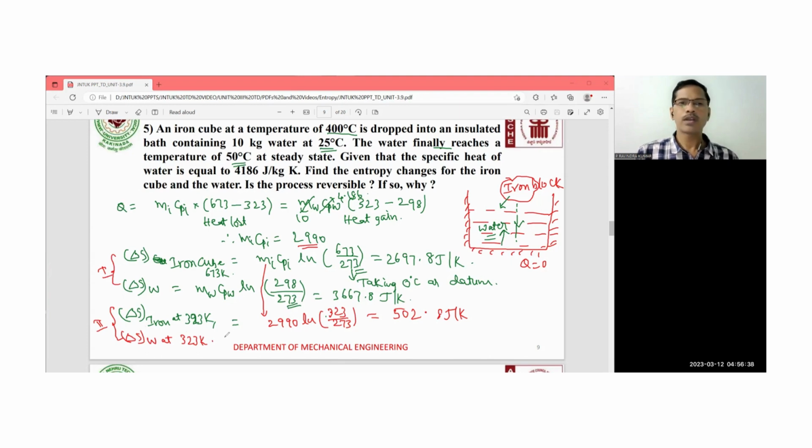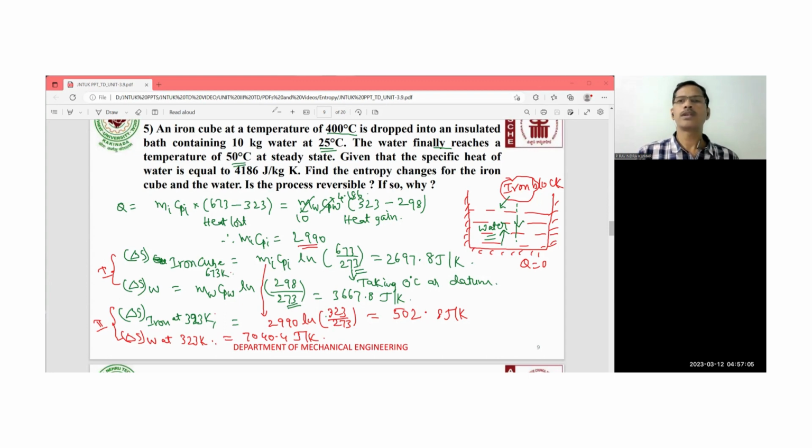So if you work it out for this particular case, you will get this one as 7040.4 joule per Kelvin. So these are the first stage and second stage, right, from 673 to 0 and 323 to 0.